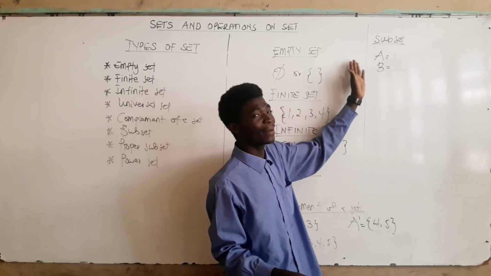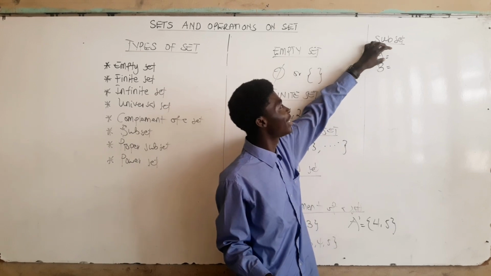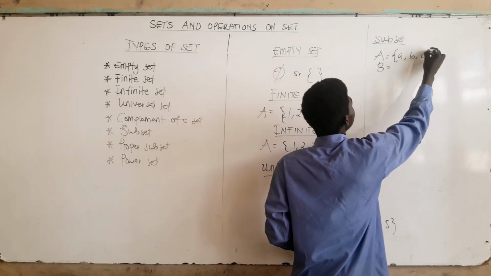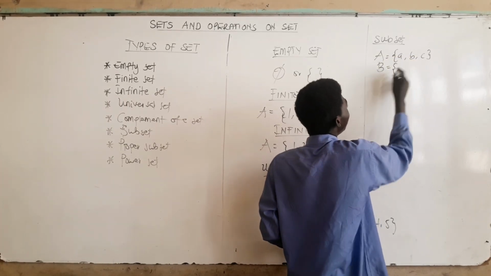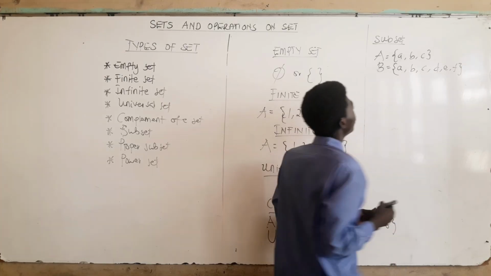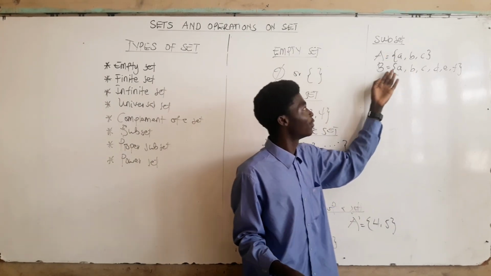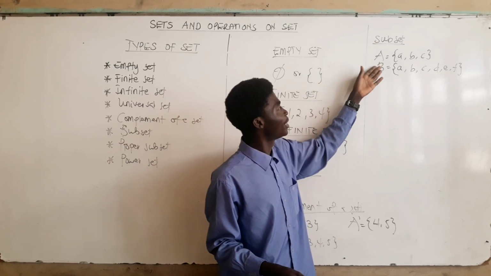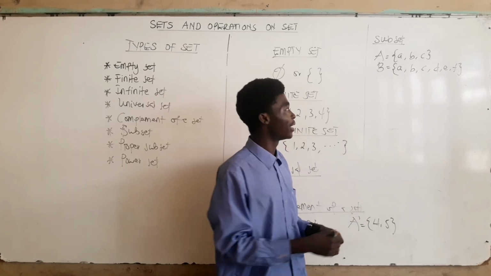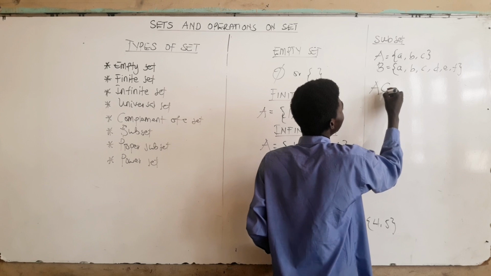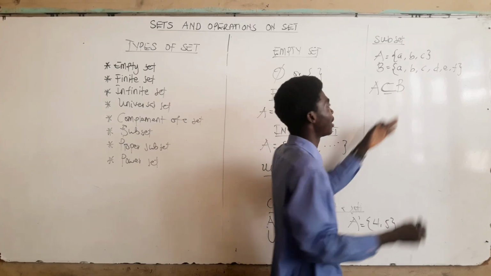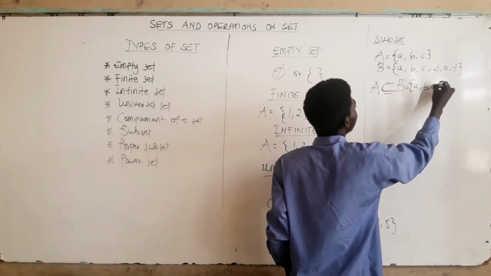A is said to be a subset of B if the elements of A can also be found in set B. So let's say we have A, B, and C, and B is A, B, C, D, E, and F. These are the elements of A, these are the elements of B. A is said to be a subset of B because A, B, and C can also be found in set B. And that makes A a subset of B, and it is usually denoted like this.